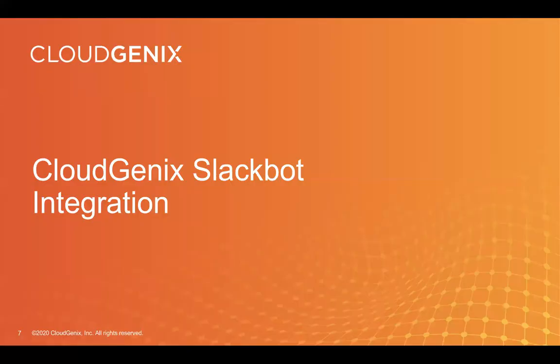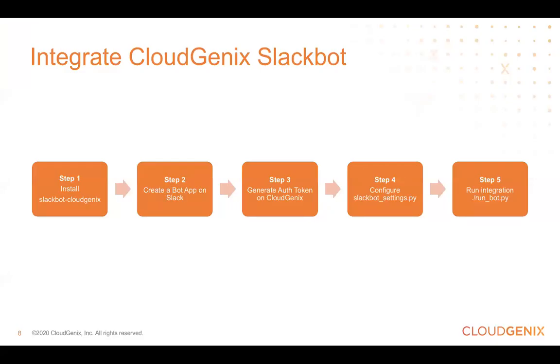Because CloudGenix is 100% RESTful, with no CLI under the hood, it's easy for us to integrate with all of these applications. So we've built an integration with Slack, and I'm going to walk you through the process: if your organization is using Slack, how you can download this utility and get going in a matter of minutes. To integrate the CloudGenix Slackbot, it's a simple 5-step process.